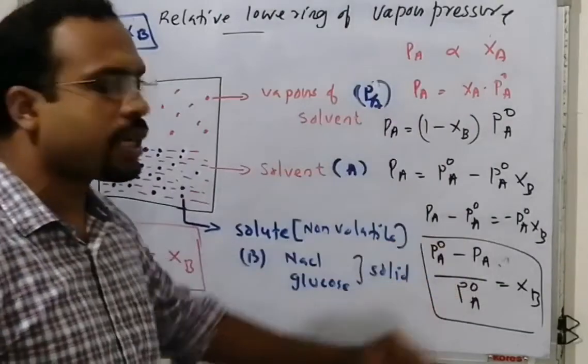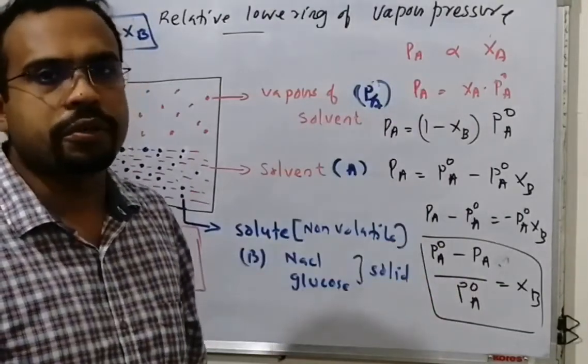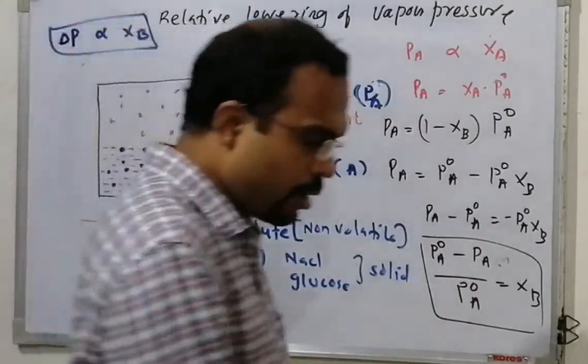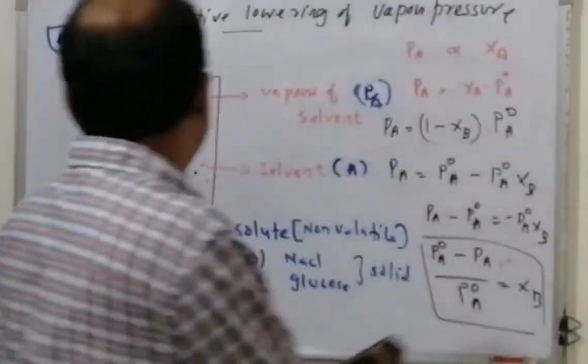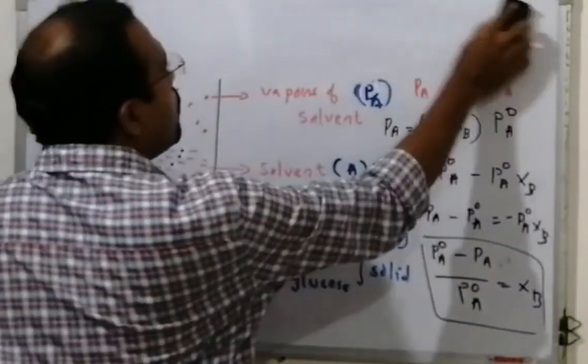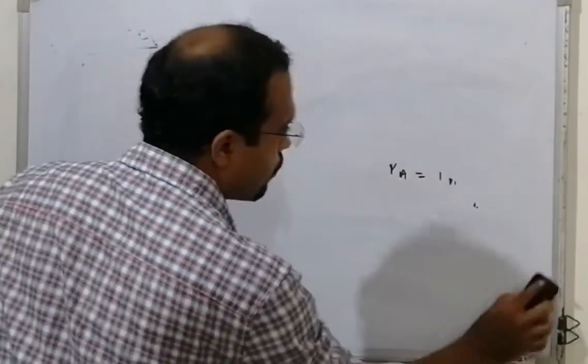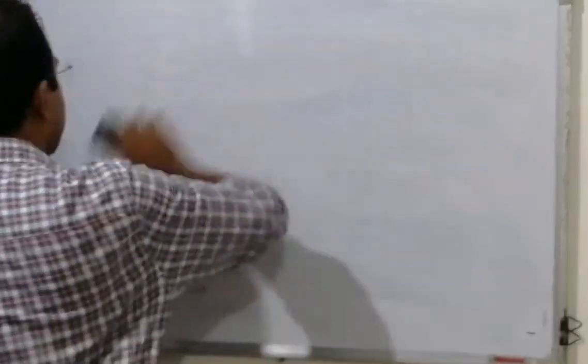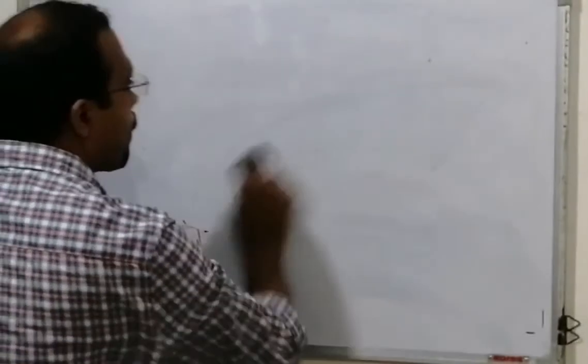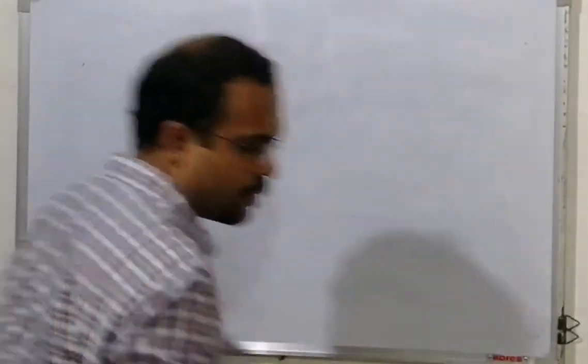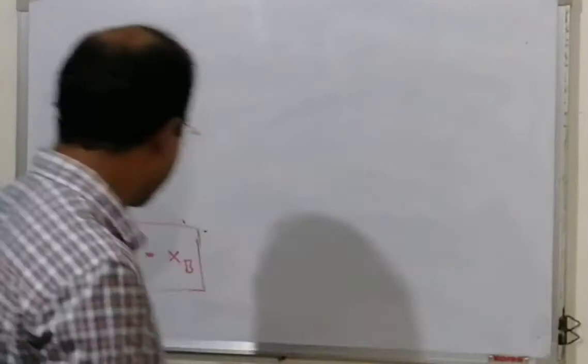That can be mathematically derived from this equation. Okay, fine. Now, there will be numericals based on this equation.